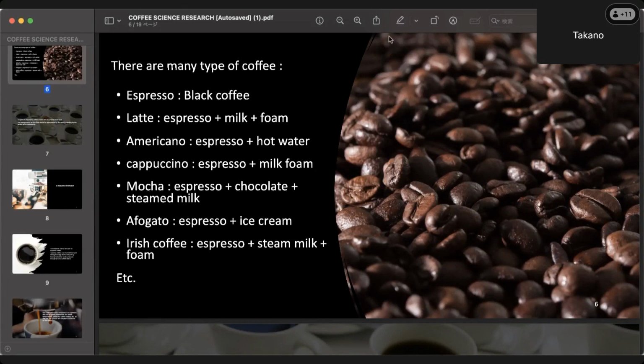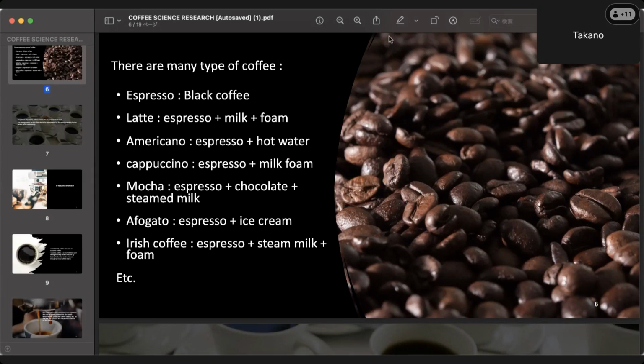But in our survey form, we asked them which type of beverage they drink, and we asked also about the roast state of the beans.